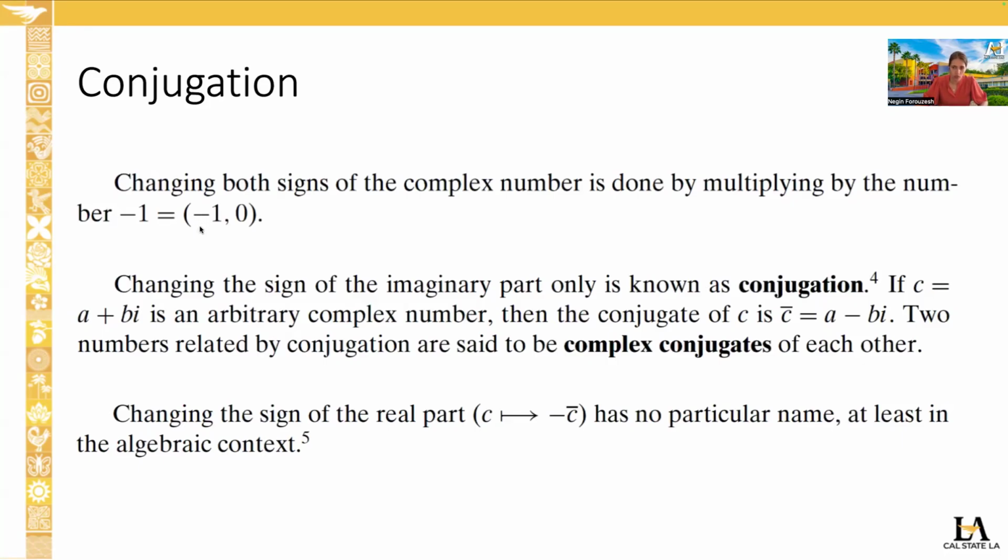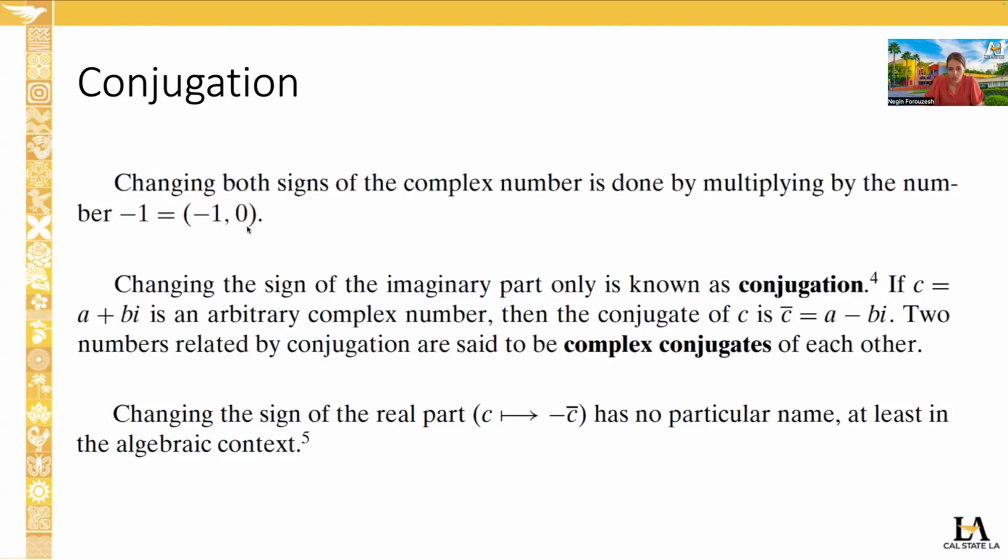Do we want to change the sign of the real part, the imaginary part, or both of them? If you want to change the sign of both components, you simply multiply that complex number by -1 and 0. There is a proof for that. I'm not going to show it here. Just accept that this is how it works.